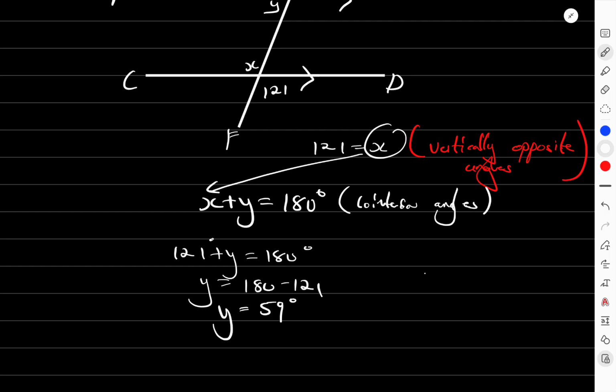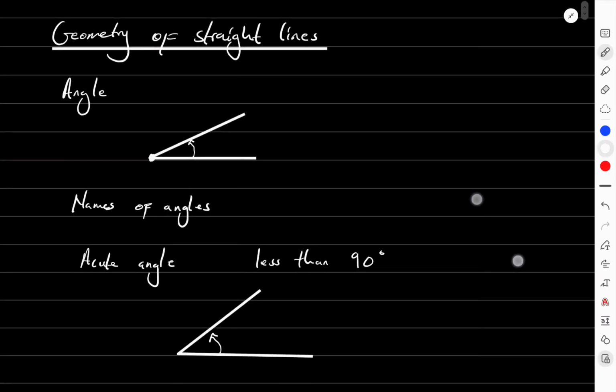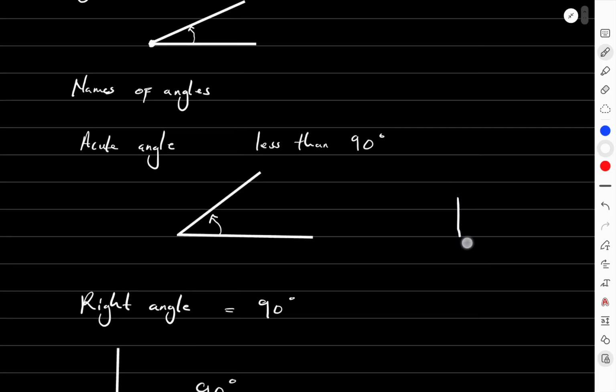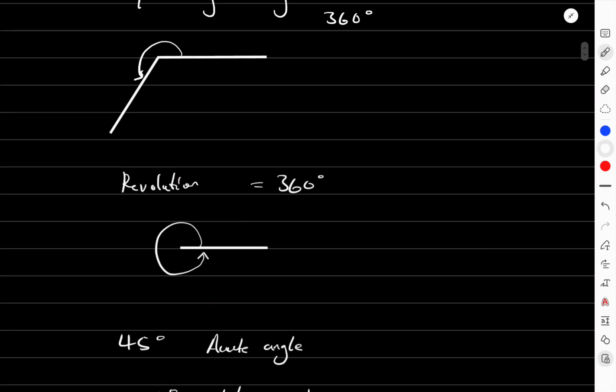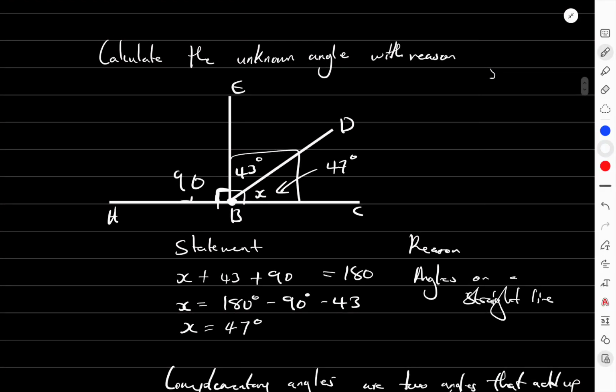I hope I've reached the lesson goals, whereby I was looking at the geometry of straight lines. We have covered everything when it comes to the geometry of straight lines. The names of angles. Then from the names of angles, we looked at calculating the unknown angle. We spoke about a straight line.